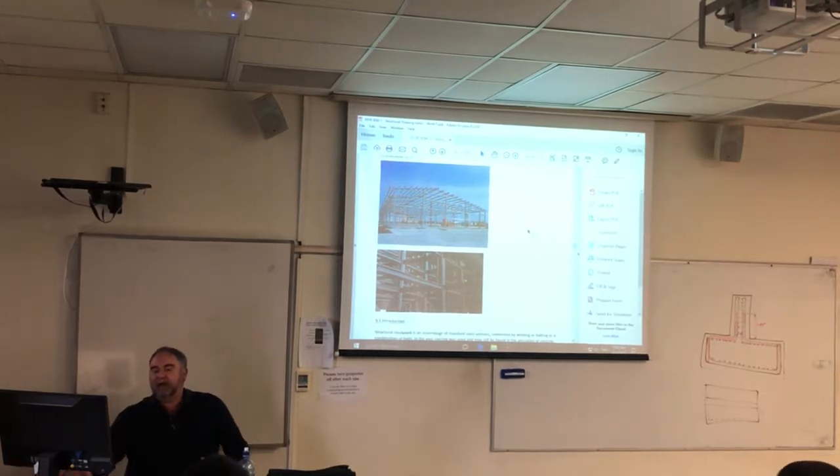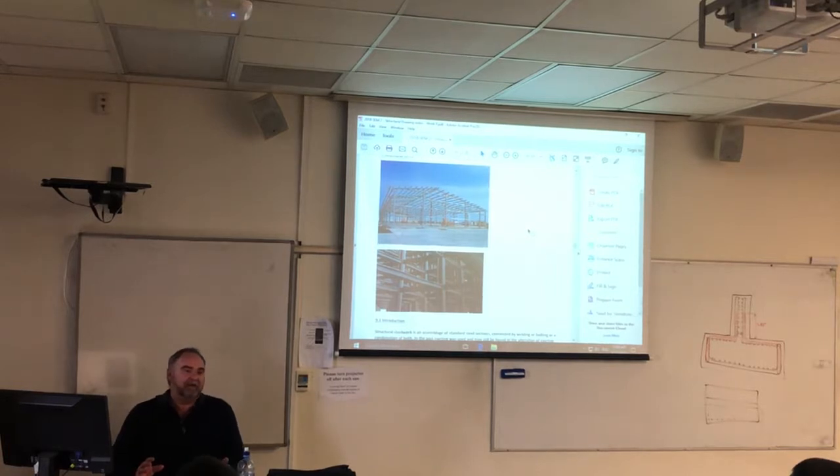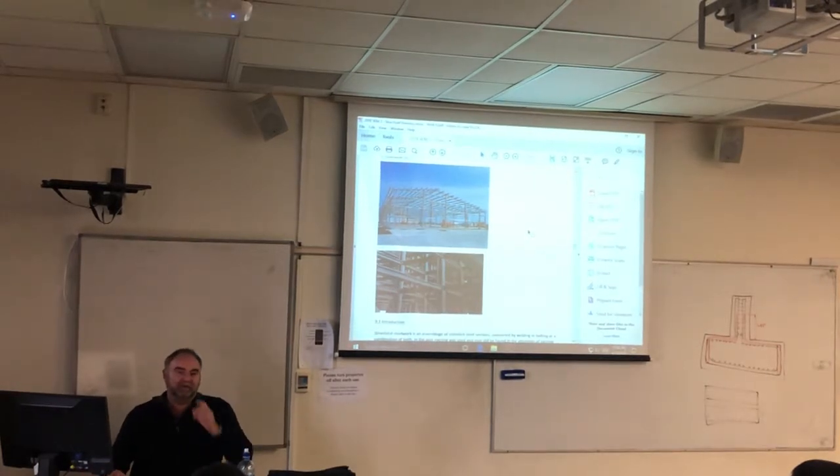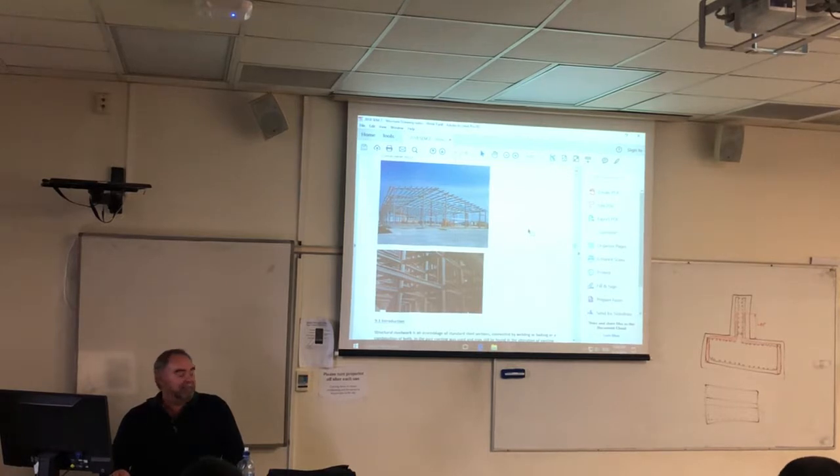Also, a lot of steelwork can be prefabricated in the factory. So I would suggest that this bridge that you're doing, good note as well, some parts of the steelwork would be prefabricated back in the workshop.